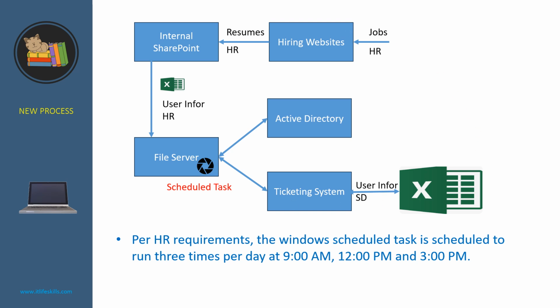We are in the position to create this schedule task to read the user information from the CSV file provided by the HR team and connect to Active Directory to create new users, then export the new accounts information to a CSV file for the service desk team. Per HR requirements, the Windows schedule task is scheduled to run 3 times per day at 9 a.m., 12 p.m., and 3 p.m. Let's do it.